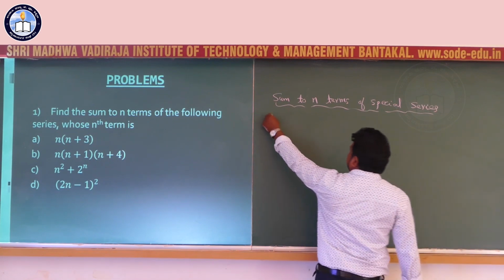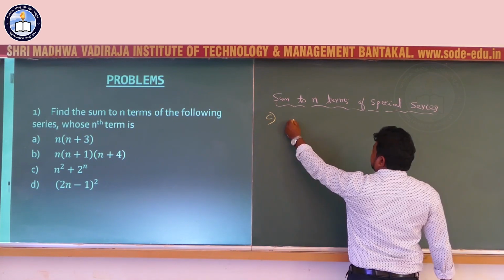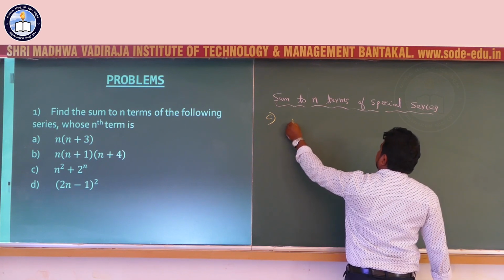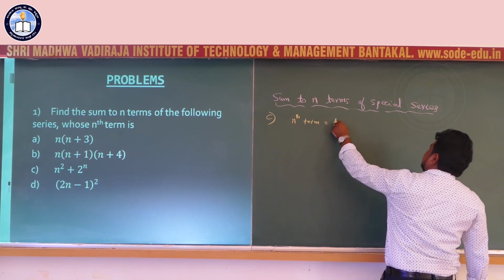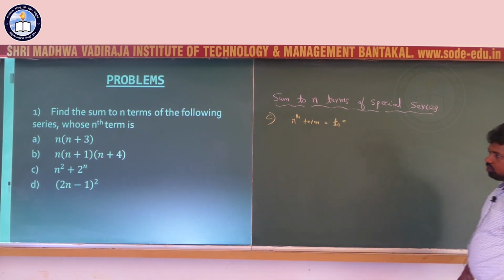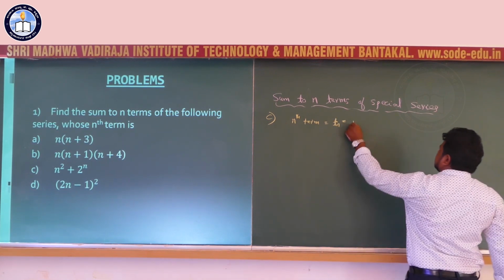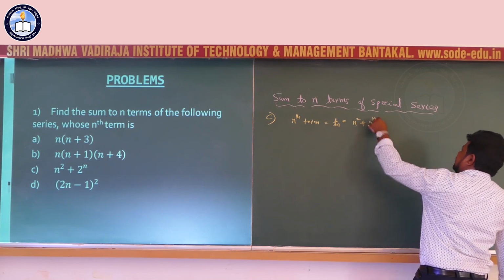Given, nth term Tn is equal to n square plus 2 power n.